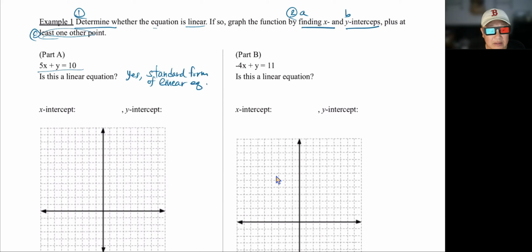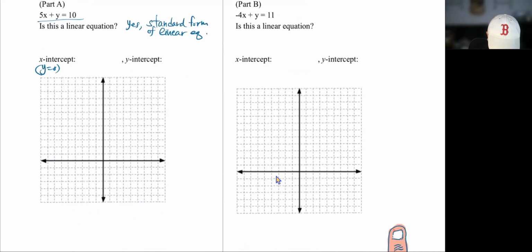How do you find it? By setting y equal to 0. So replace the y with 0 in 5x plus y equals 10, and solve: x is 2.